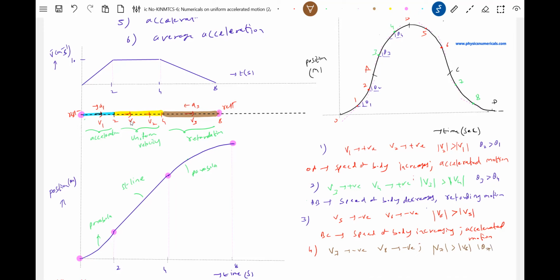Theta 7, similarly here theta 8. So the magnitude of slope decreases, the speed of the body decreases. So what type of motion? Retarding motion. The body describes retarding motion. This is something very, very important.